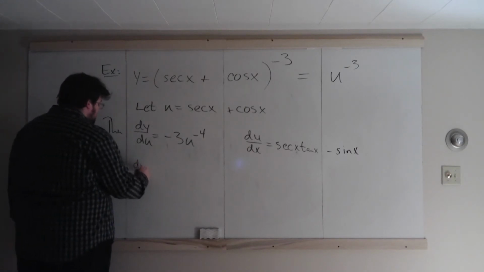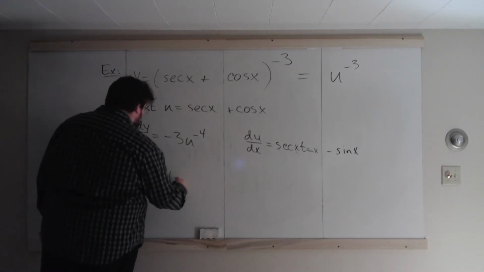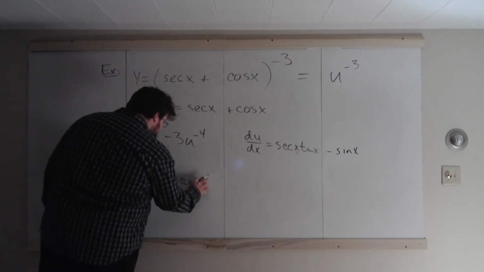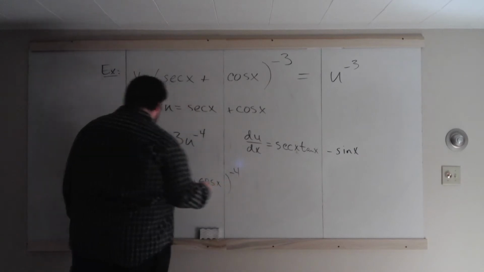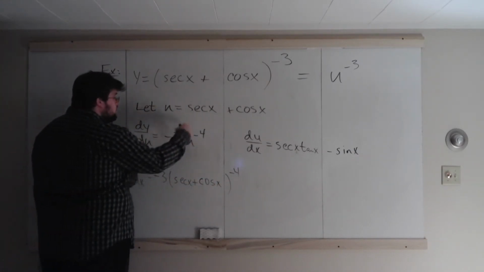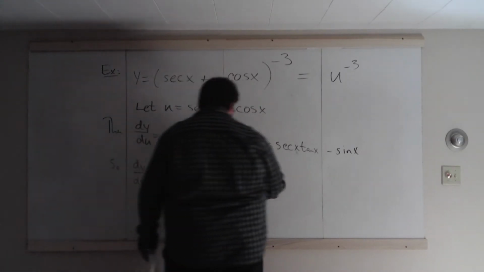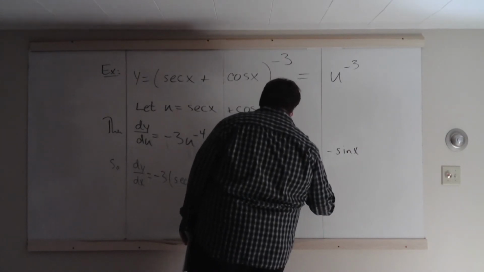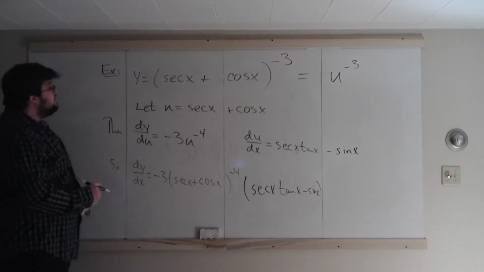So dy dx is those two multiplied. dy dx is dy du times du dx. dy du is negative 3u to the negative 4 times du dx. And you don't have to simplify.